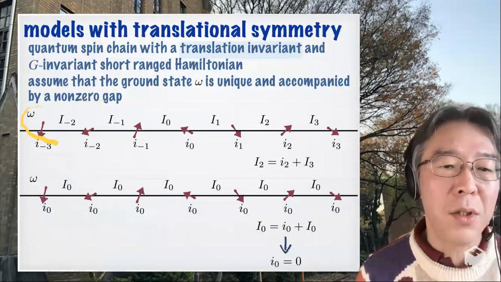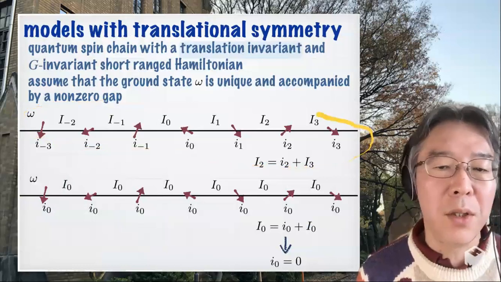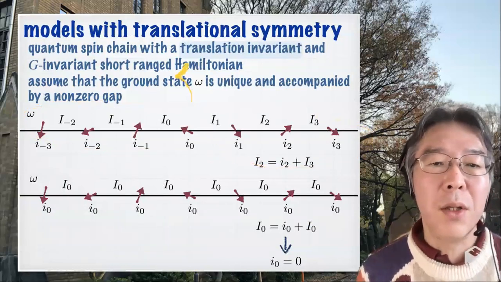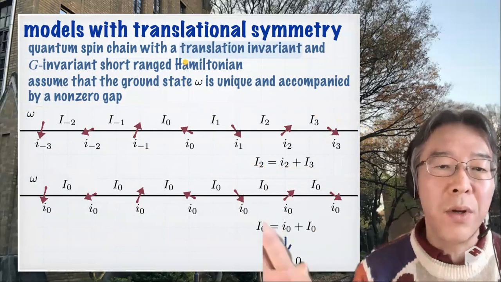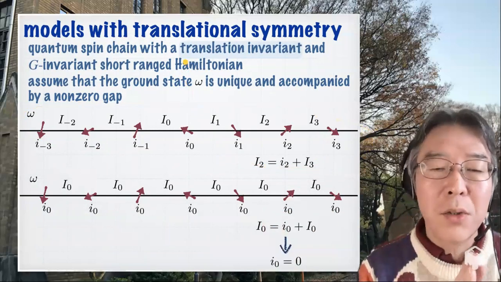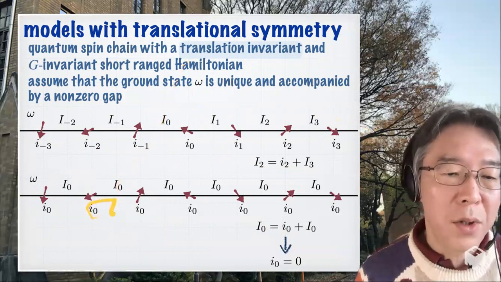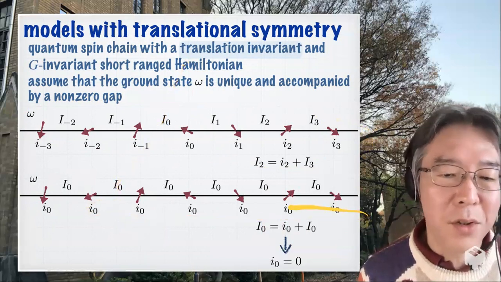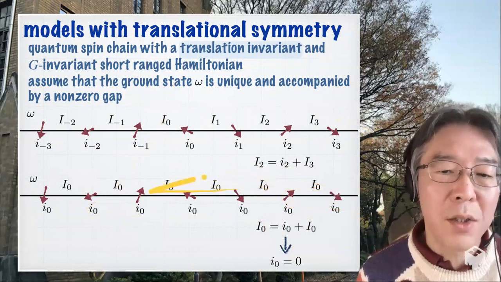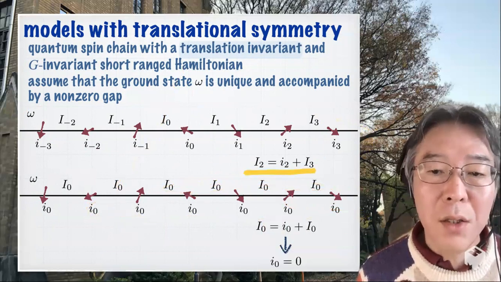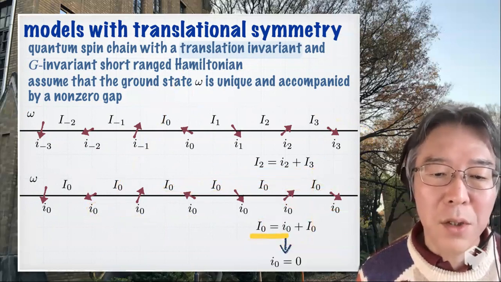This is just the general picture I copy and pasted here. This is additivity. But now I assume that the system is translation invariant and the ground state is unique. So of course the ground state must be translation invariant. Then the spin indices are translation invariant, and also the Ogata indices must be translation invariant. It's the same. And then this additivity rule reads like this.